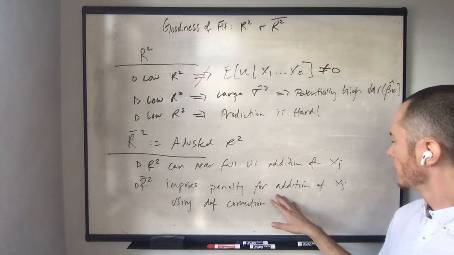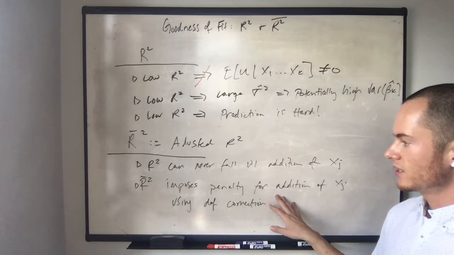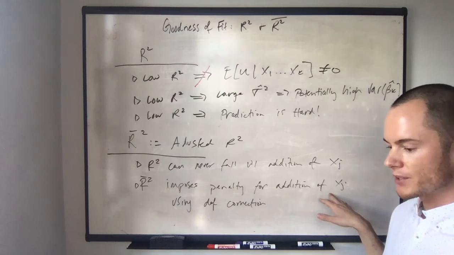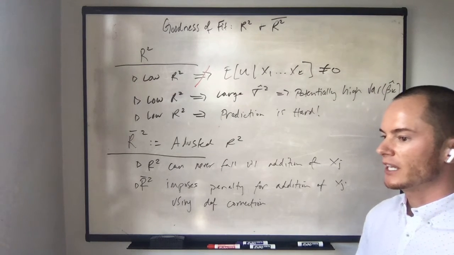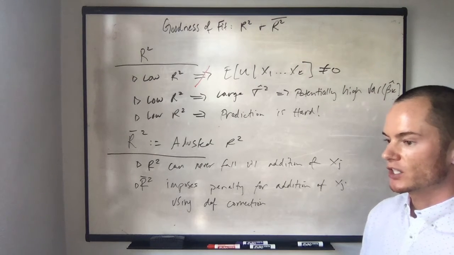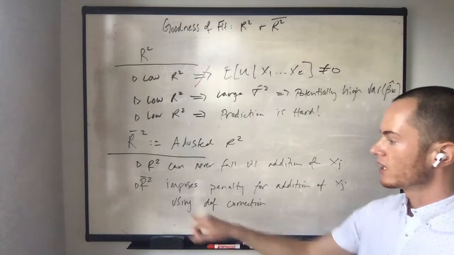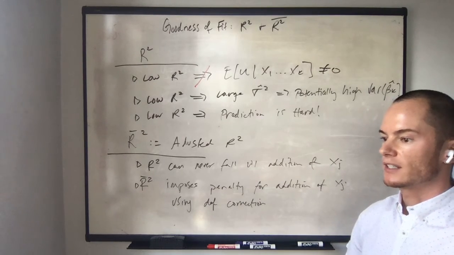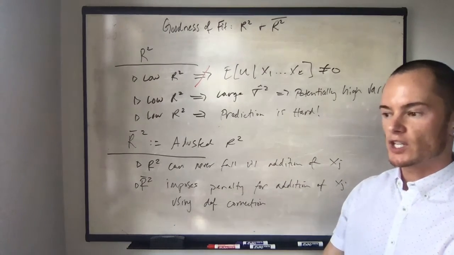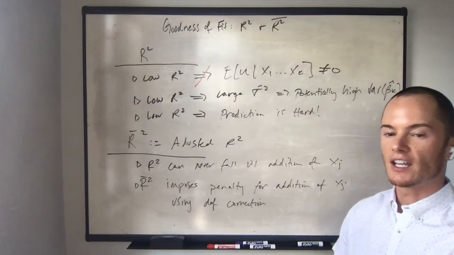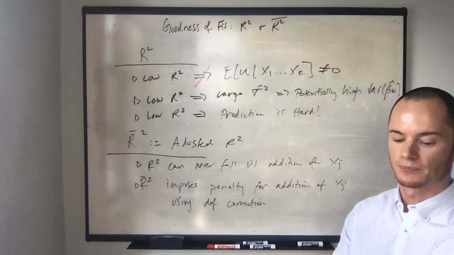So what we'll see is that adding the additional variables has to explain enough variation in y for the adjusted r squared to go up, so that the increase in the variation explained is more than the increase in degrees of freedom.